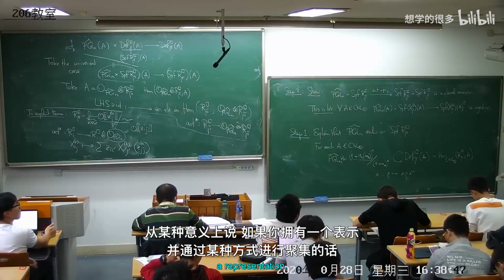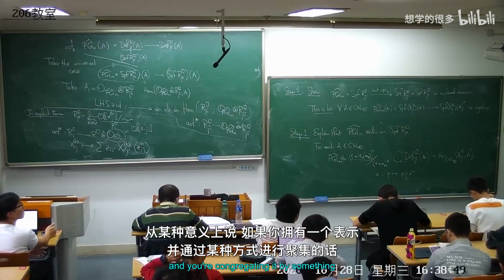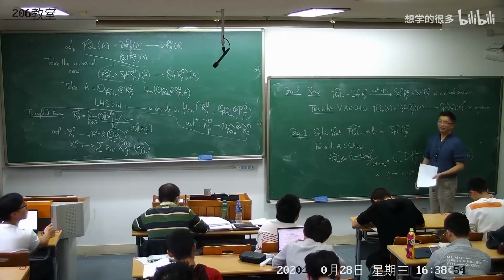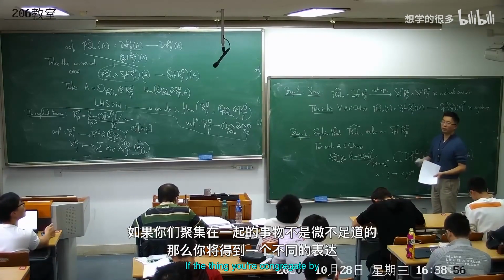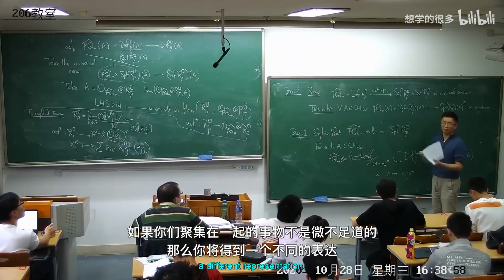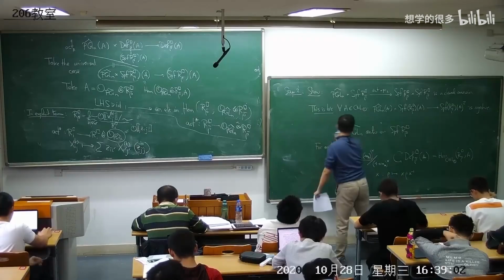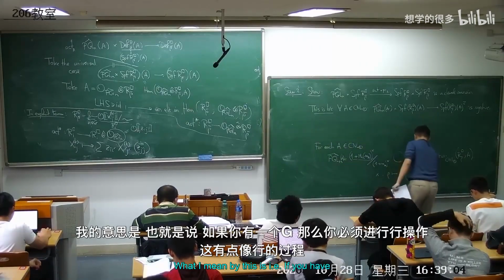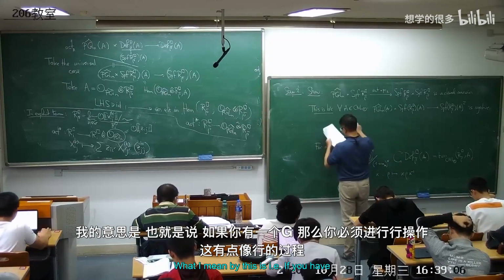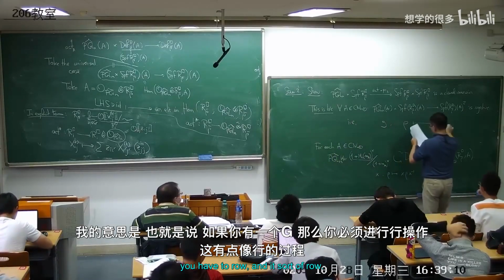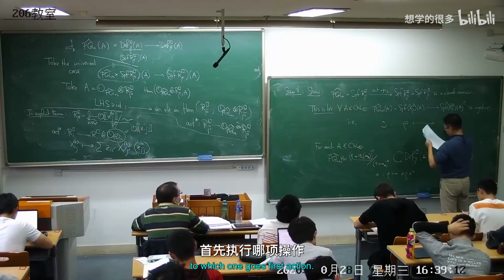In the sense that if you have a representation and you are conjugating it by something, and the thing you conjugate by is not trivial, then you'll get a different representation. I.e., if you have a g and a rho, it maps to, which one goes first?